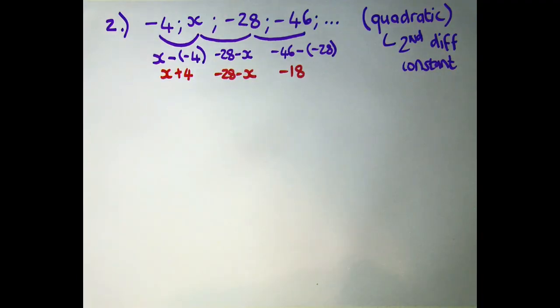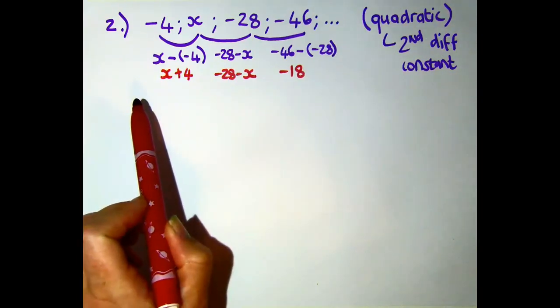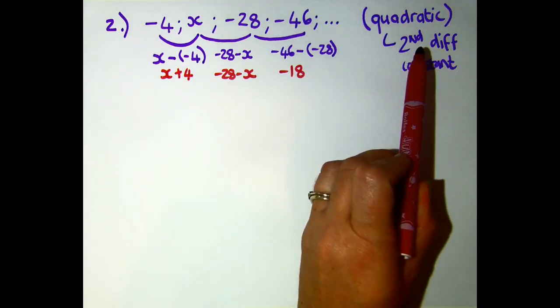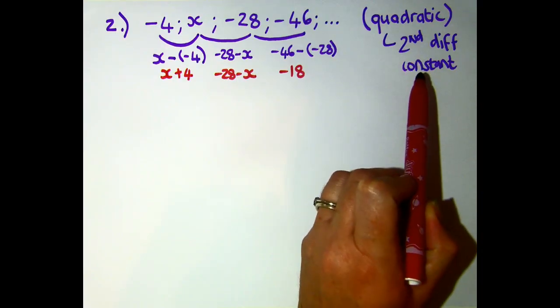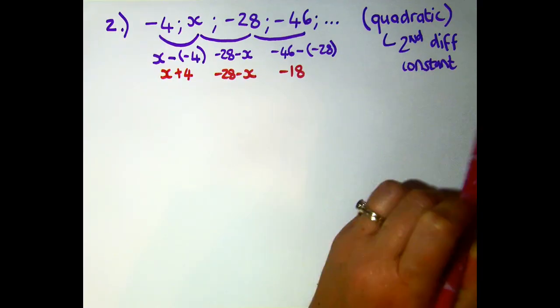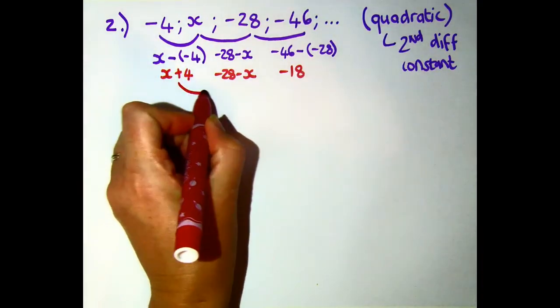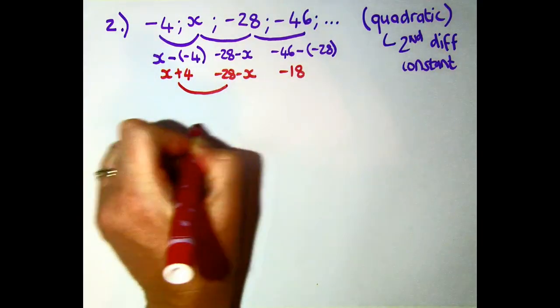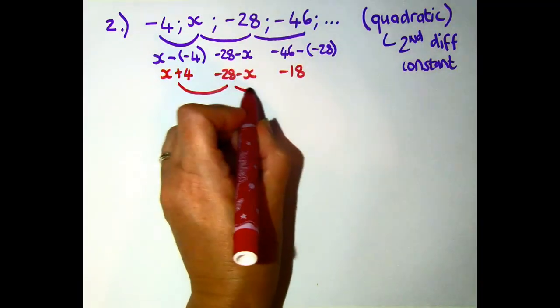Okay, I'm just going to add an extra line where I clean up these numbers. Just keeping it simpler for myself, I know that these are my first differences. Now because I'm told it's quadratic, what I know is that the second differences will be the same. When I know things are the same, I can put an equal sign between them and solve. So whatever that comes out to be with a whole bunch of x's is the same as that.